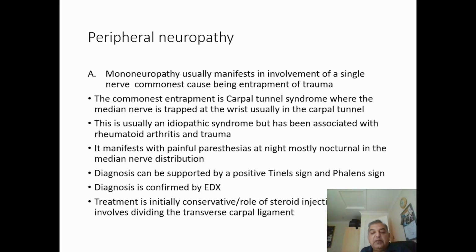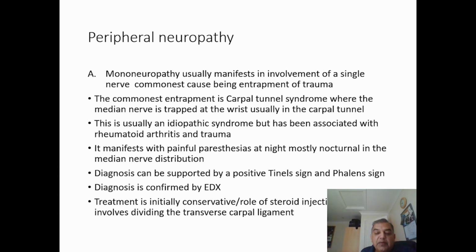Now, peripheral neuropathy can be a mononeuropathy, and we spoke about median neuropathy, which is basically manifesting with the involvement of a single nerve, and will cause problems in the distribution of that nerve. This is mostly due to entrapment, but trauma also, such as the sciatic nerve getting involved in a gunshot wound.